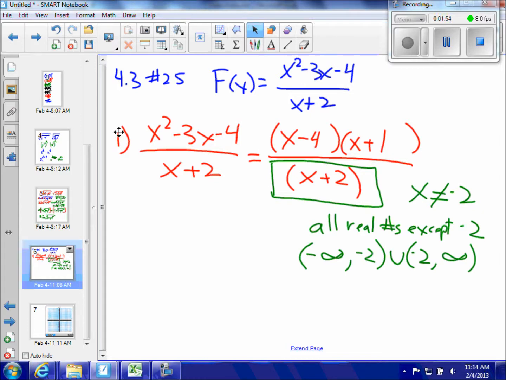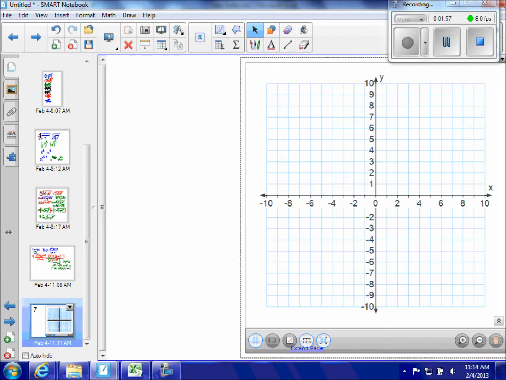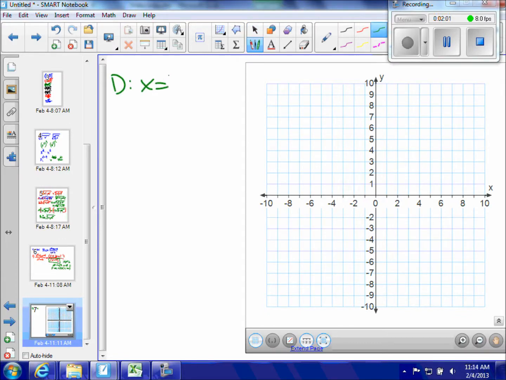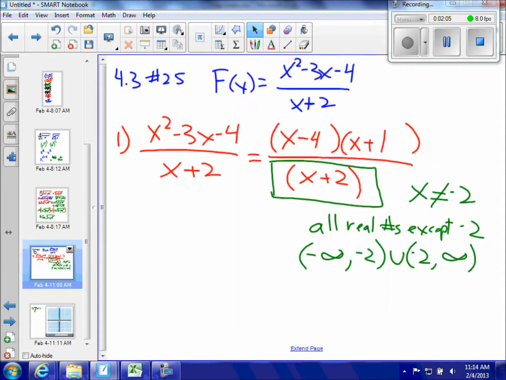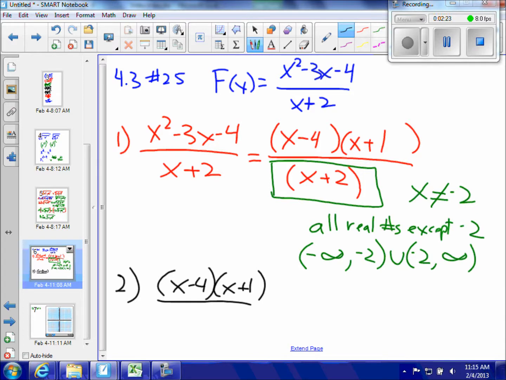I'm just going to go over here to my graph, which I'm going to keep track of as I go along. And I'm going to put domain: x cannot equal negative 2. Step 2: write r in lowest terms. Well, I'm looking at my factored rational function, x minus 4, x plus 1 over x plus 2.